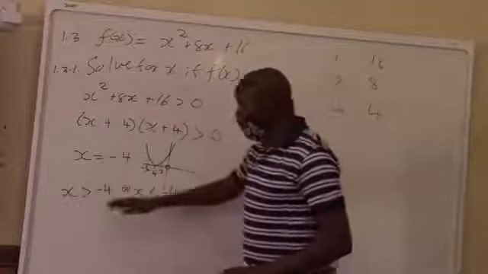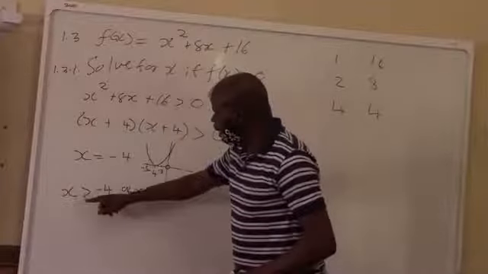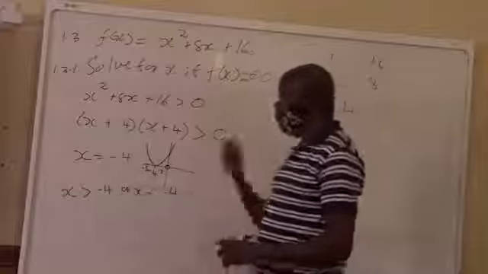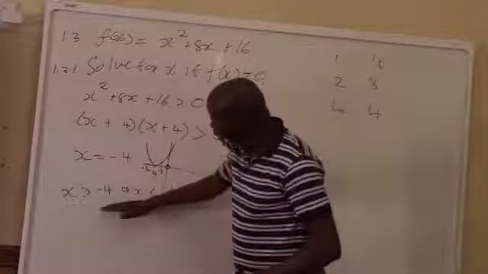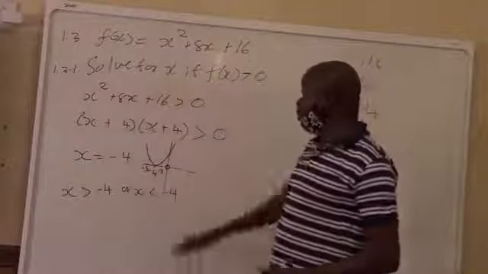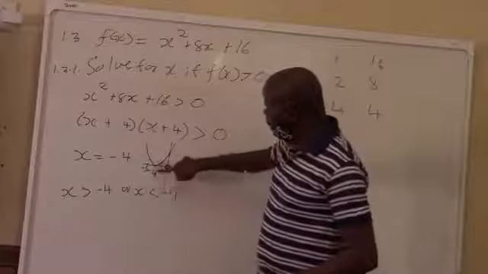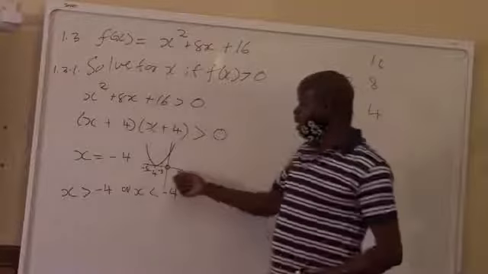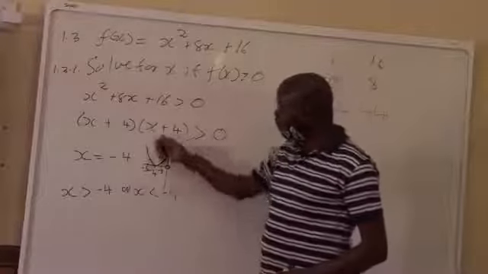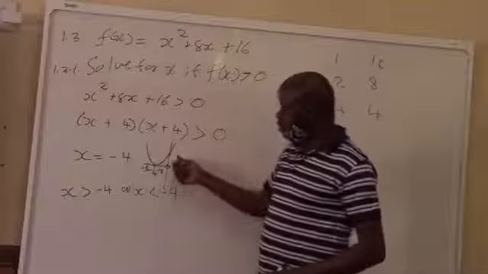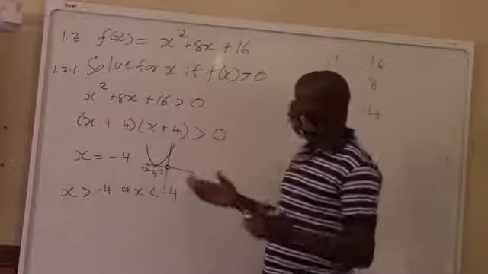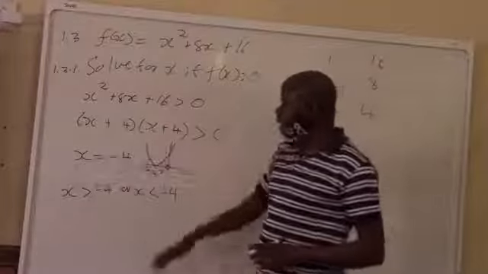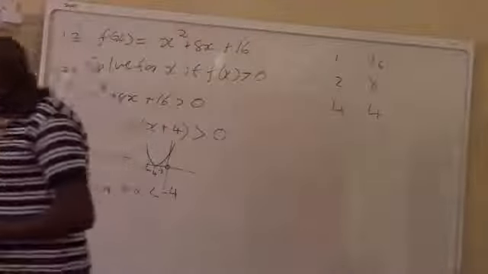Whatever goes there, the greater than and the less than, they are giving us what we want. So that is how this solution is worked out. There's a mark for the critical value, and in most cases, if you substitute it in the sketch or a rough sketch, then the marker will see it clearly rather than just leaving it in that way. So that is how this one should be dealt with.